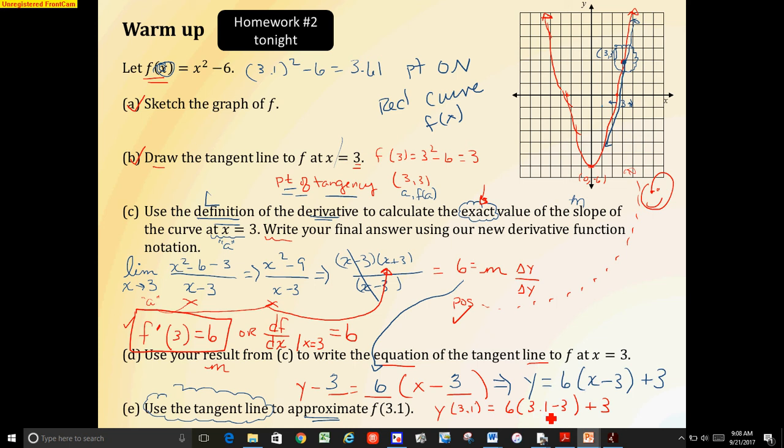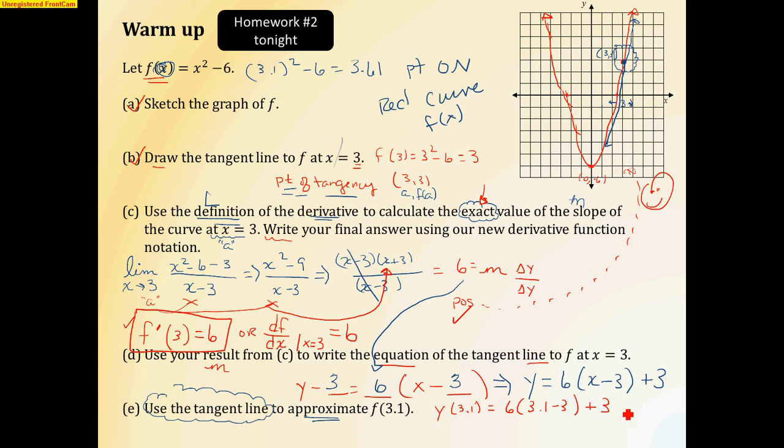Notice that 3.1 minus 3 is a small delta x, right? That's 0.1, and 6 times 0.1 is 0.6, plus 3, 3.6. Wow! Did it do a good job?